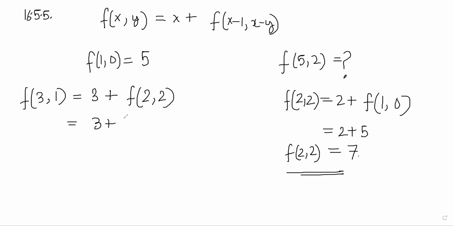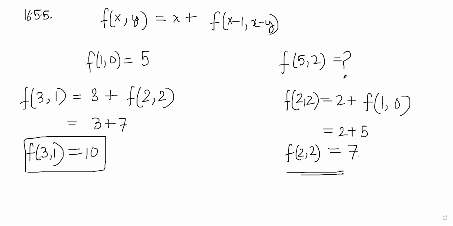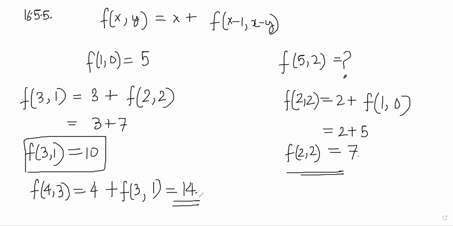And then I did the same with f of 4 comma 3, which I got 4 plus 10 is equal to 14. And then I finally did the same for f of 5 comma 2, which I got 19.